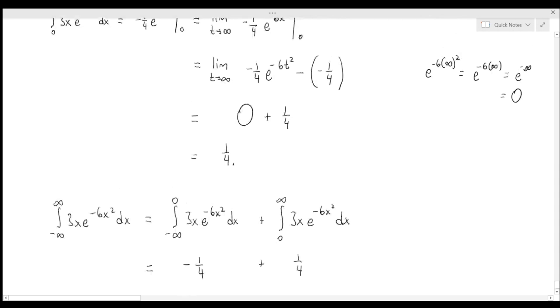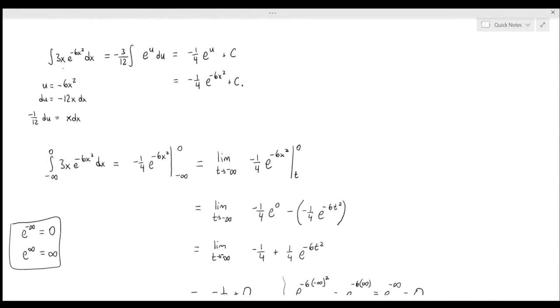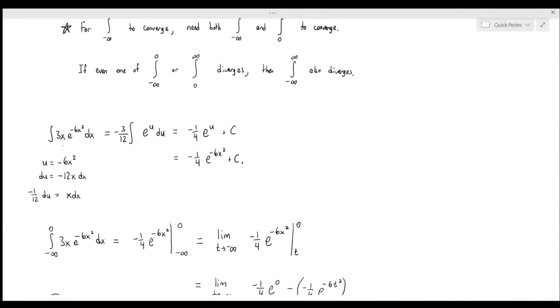All right, so back to earlier when I did my u substitution. We chose u to be the exponent, negative 6x squared.